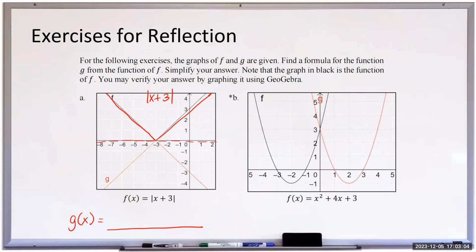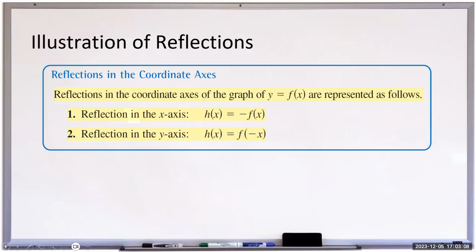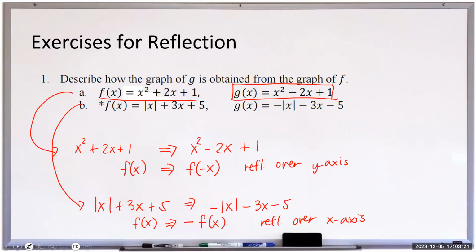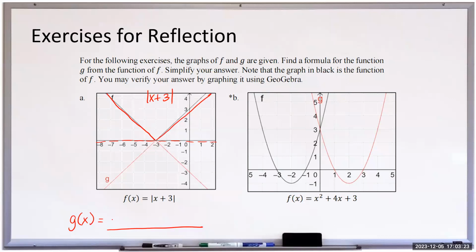So using our rule kanina, if we have a reflection about the x-axis, then the negative sign is placed before the function. So this means that g of x is the negative of the absolute value of x plus 3. So, ganyan natin siya isulat.